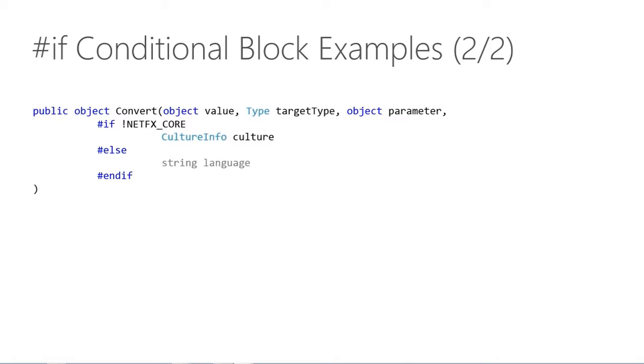In my mind, I think a better way of doing this would have been to put the entire method signature within that #if, #else, #endif. It just would have made it a little bit easier to understand. So just be careful with that. Again, it does make understanding the code sometimes a little bit difficult.